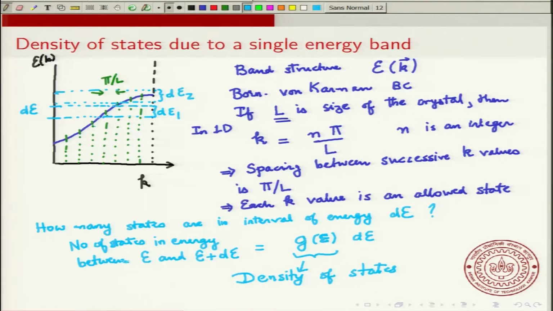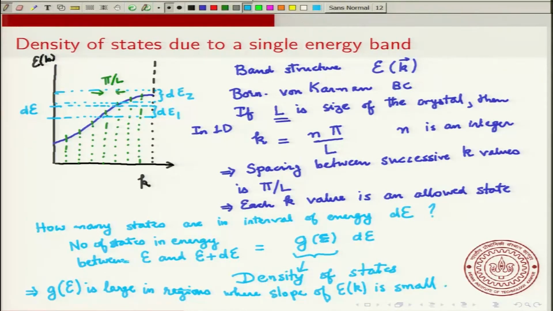So the first thing you realize is that g of E in one dimension is large in regions where the slope of E of k is small.